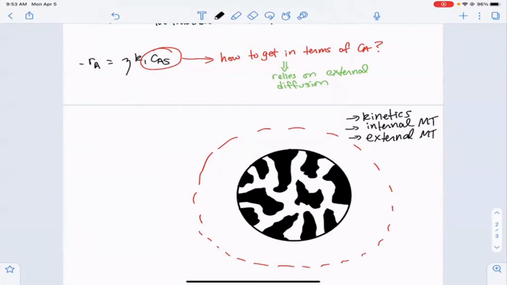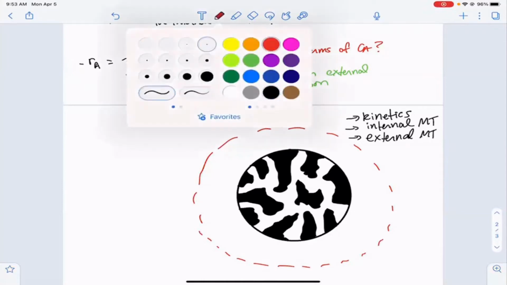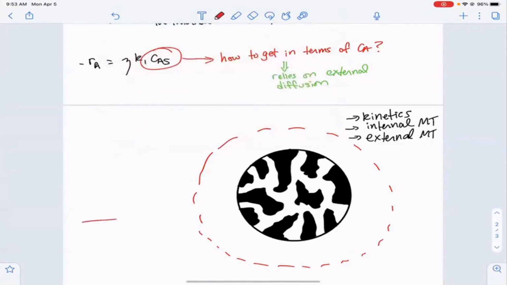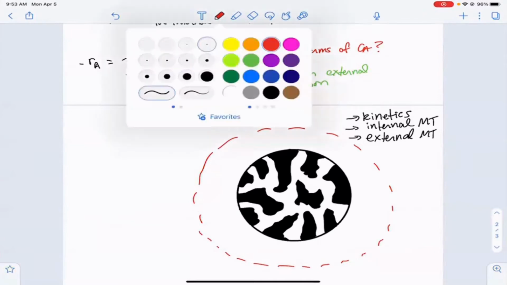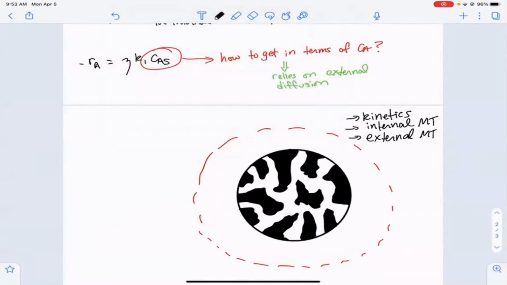And so how are we going to use this fact to get this expression in terms of CA? Well, if you remember, we can only have our reaction occur as fast as we can diffuse the reactant towards the particle. That's the highest mass transport rate that we can have.